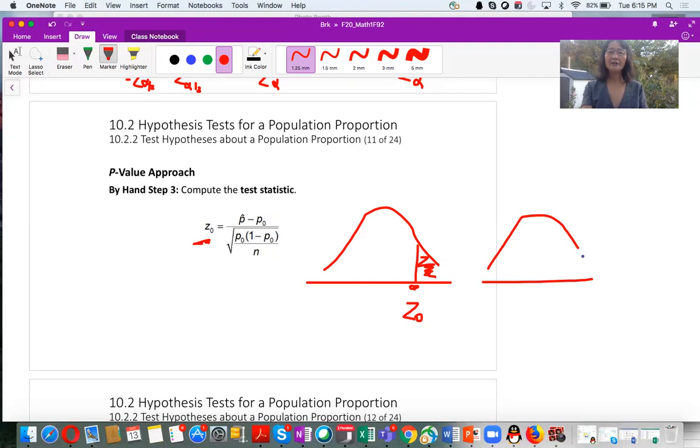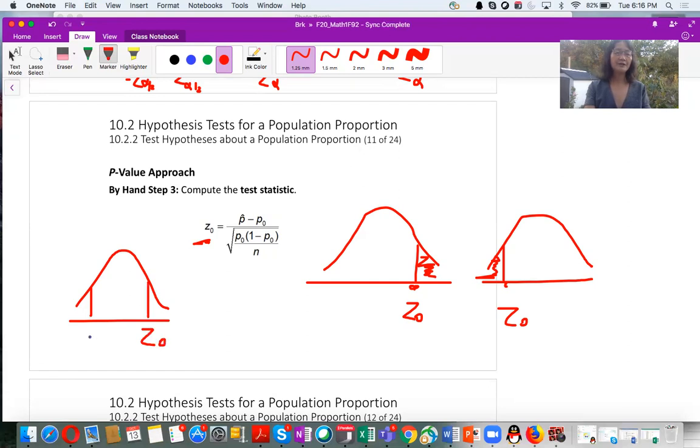And if it is a two-tailed test, and this is Z0, this must be negative Z0.